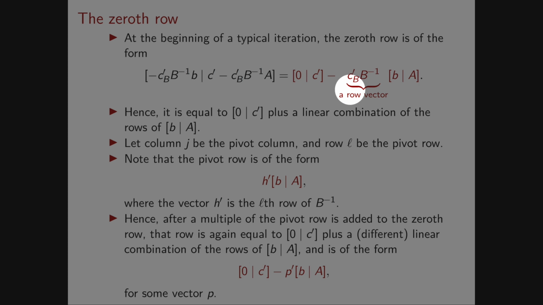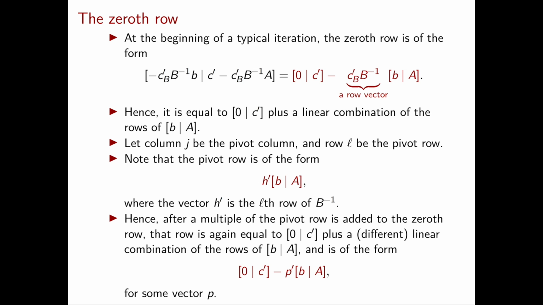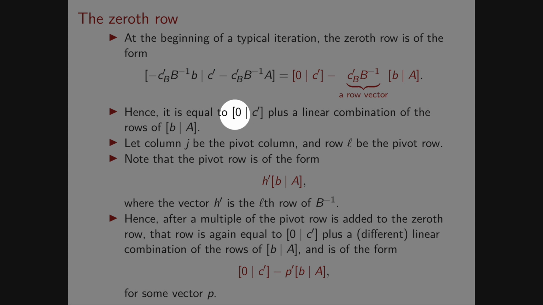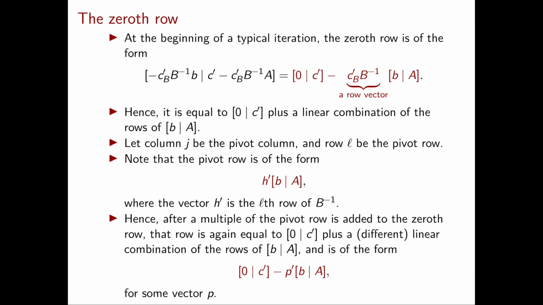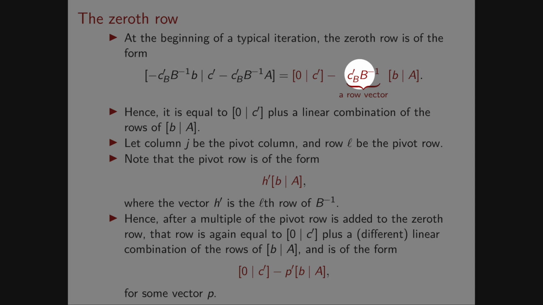At this point, I don't really care so much about what this quantity over here is. What is important is that this is just a row vector. So in particular, I can say that the 0th row is equal to 0 C transpose plus a linear combination of the rows of [b A]. The coefficients of such a linear combination are given by the entries of this row vector.